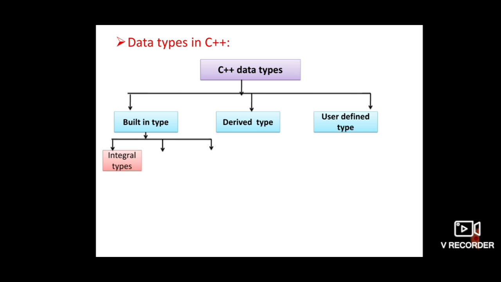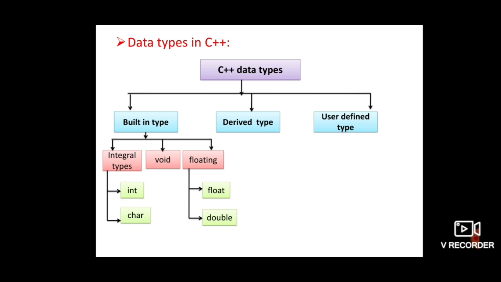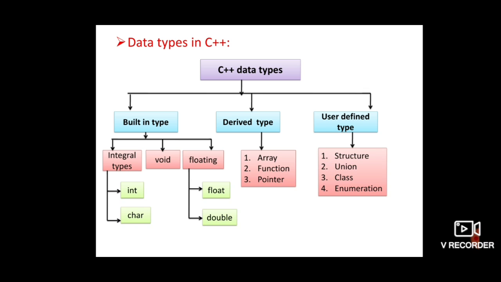First is integral type, which is again divided into int and char. Second is void, and third is floating type, which is divided into float and double. These are all the built-in data types. In derived data types: array, function and pointer. In user defined data types: structure, union, class and enumeration.